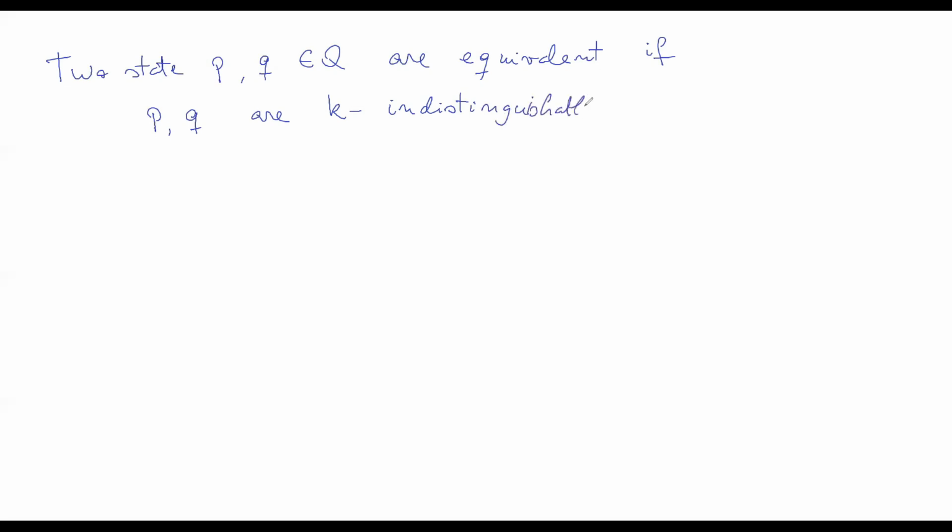So they are k indistinguishable for all k greater than or equal to 0. And so, again, intuitively what this means is that once you got to state P with some computation, it doesn't really make any difference if you're in state P or in state Q. Any computation you run from state P with some input word gives you exactly the same result as if you were running that computation from state Q on the same input word.